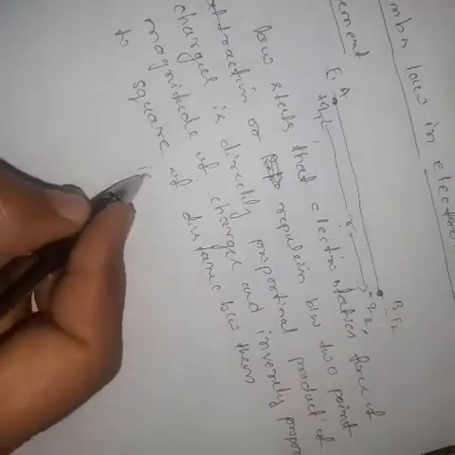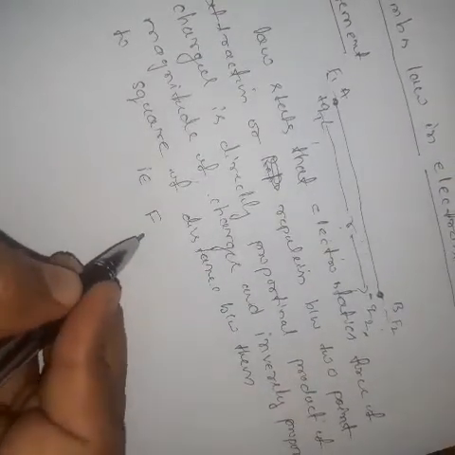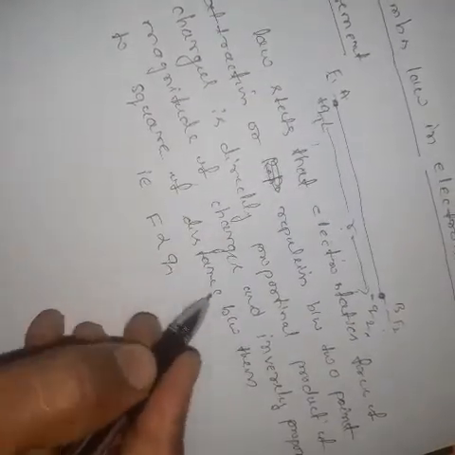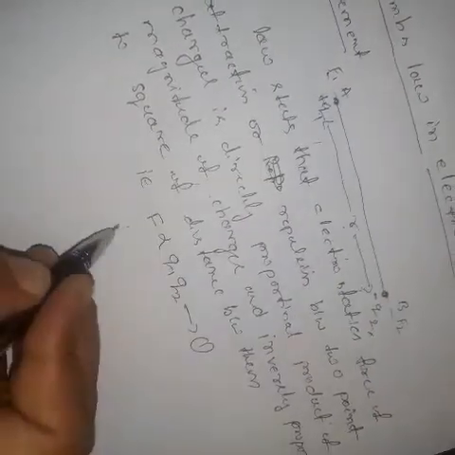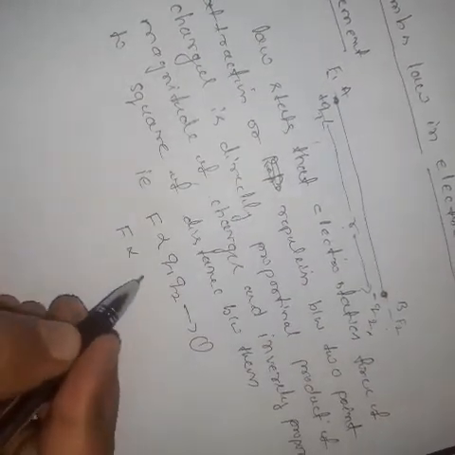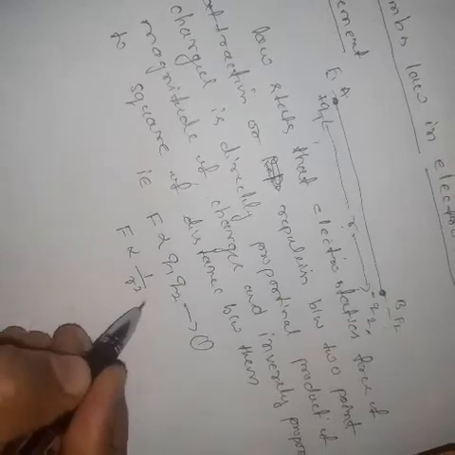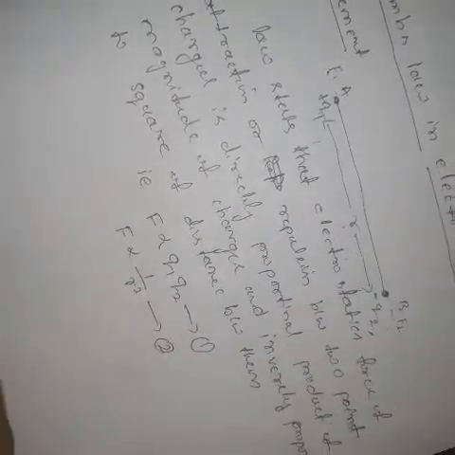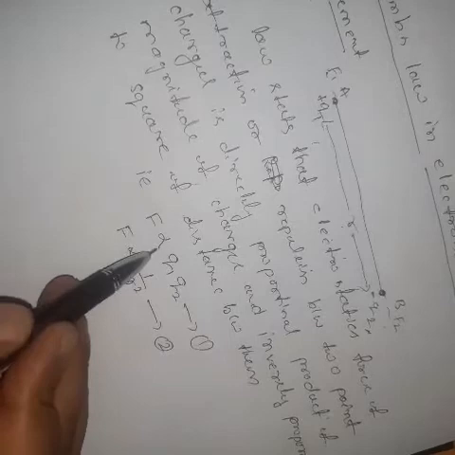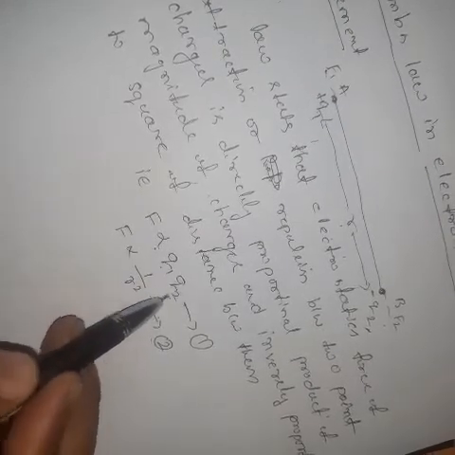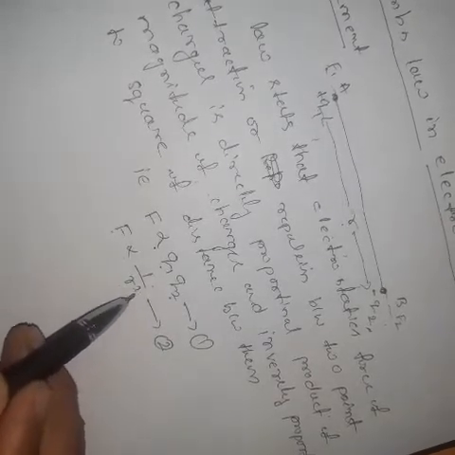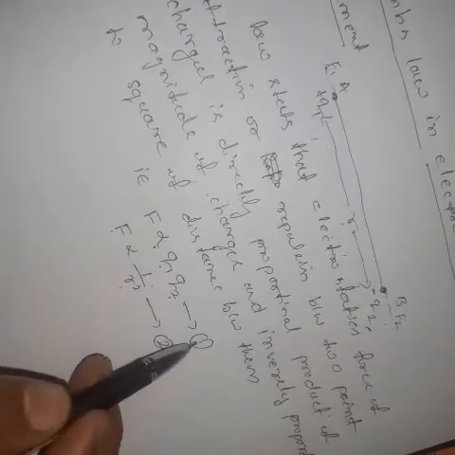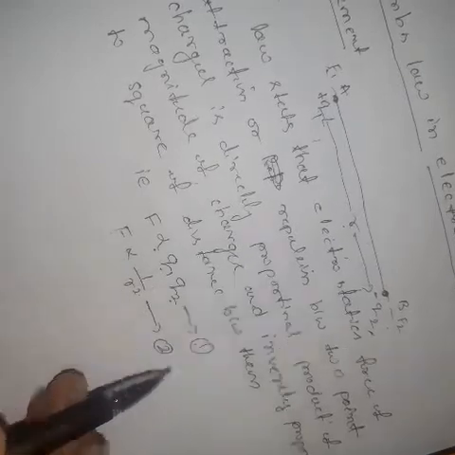F is called the Coulomb force. The first equation: F is proportional to the product of the two charges, Q1 and Q2. That is equation number 1. The second: F is inversely proportional to r squared, the square of the distance between them. That is equation number 2.